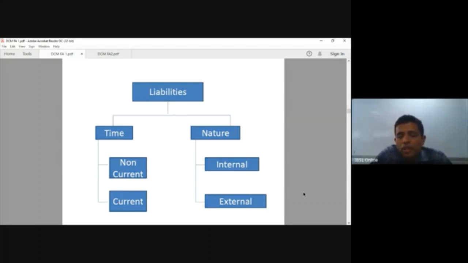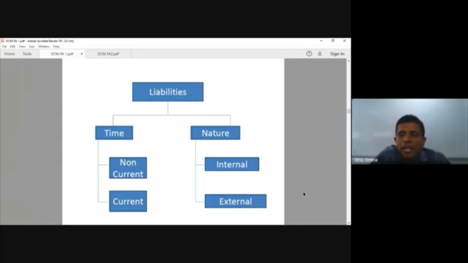When you want to own an asset, it should be financed from two types of liabilities, that is internal liabilities and external liabilities. Internal liabilities means the owner's capital. External liabilities means other than the owner, whatever people who put capital into the entity.